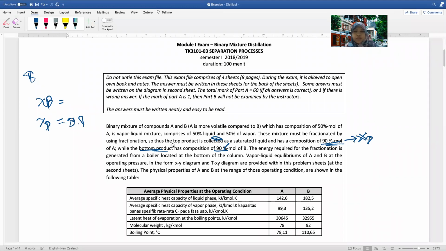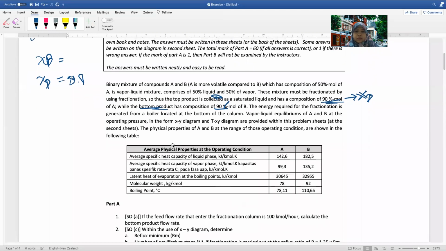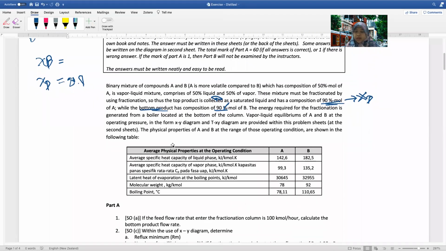Okay, do we have the flow rate of feed? I meant at part A, the question number 1. Okay, we can get the feed.